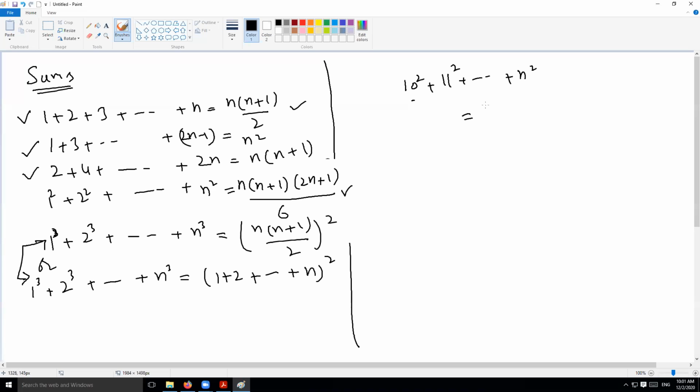You take 1 square plus 2 square up to n square, and subtract 1 square plus 2 square plus and so forth plus 9 square. Do you agree that this would be true?